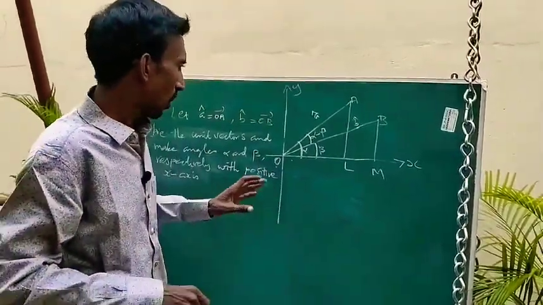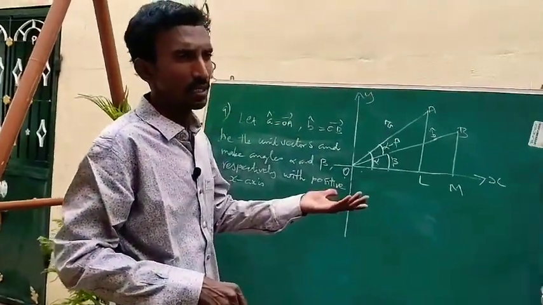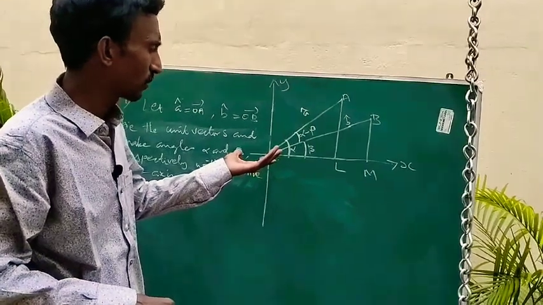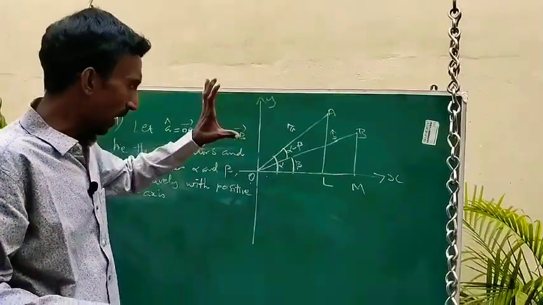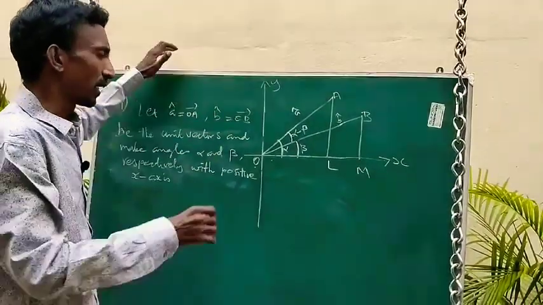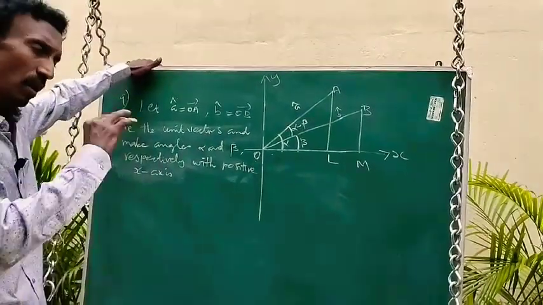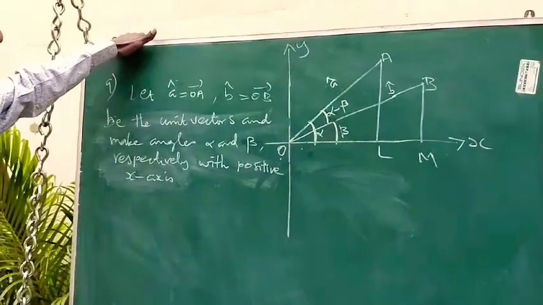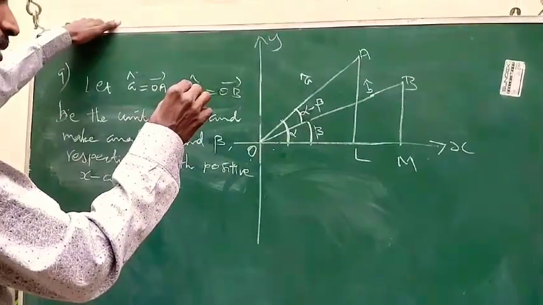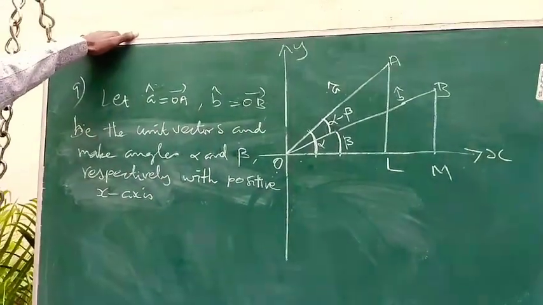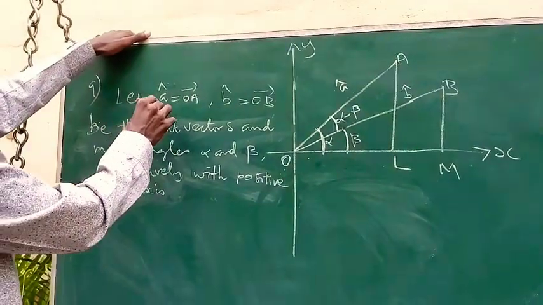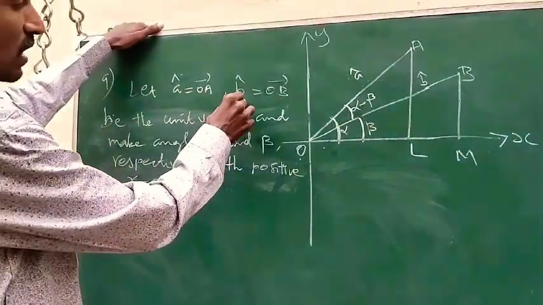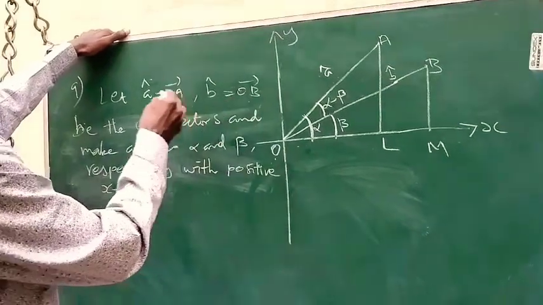It may be sin alpha minus beta or cos alpha minus beta, both have the same diagram, same consideration. First, all the basic things are the same. Alpha minus beta means let A cap equal to OA vector and B cap equal to OB vector.